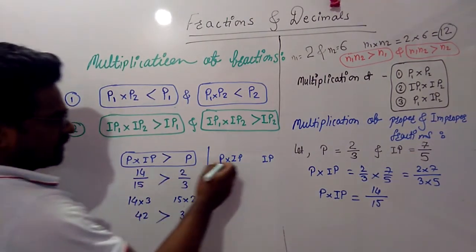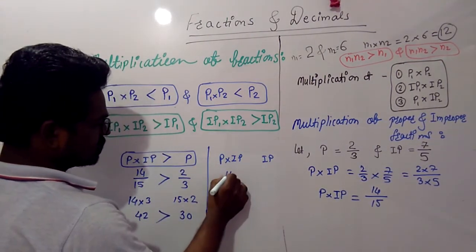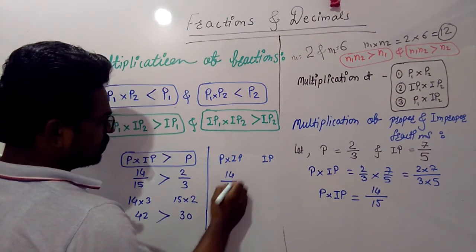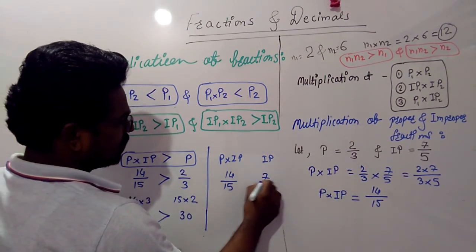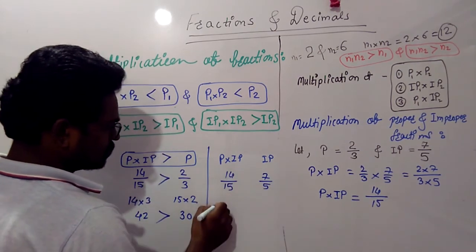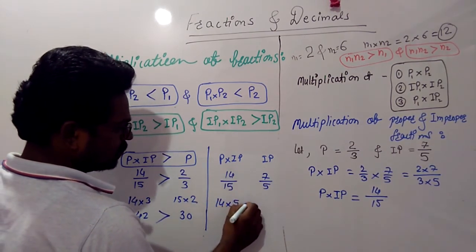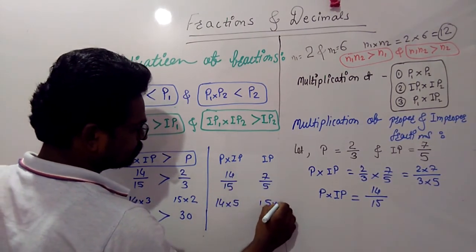proper fraction. And here again we'll do the same case. 14 by 15 is there and improper fraction is 7 by 5. So we'll do the cross multiplication. 14 into 5 and 15 into 7.